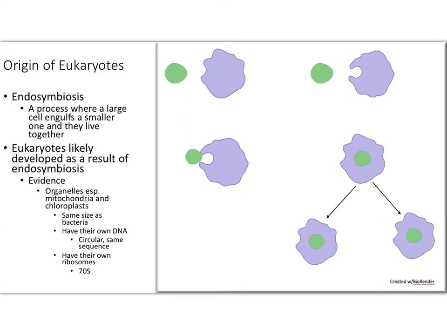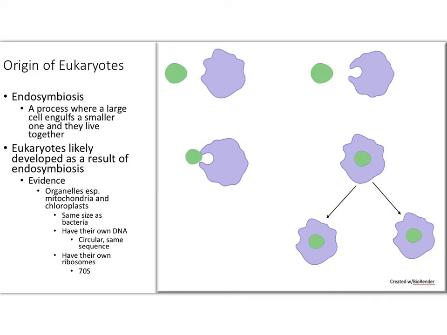They also have their own ribosomes. So again, if you were to look at a eukaryotic cell, you would find ribosomes in the cytoplasm and attached to the endoplasmic reticulum, and those ribosomes, of course, are going to help with protein synthesis. But if you were to pop open a mitochondria or a chloroplast, then you would find ribosomes in there that are similar to the prokaryotic ones.